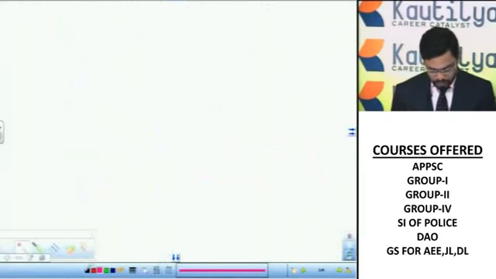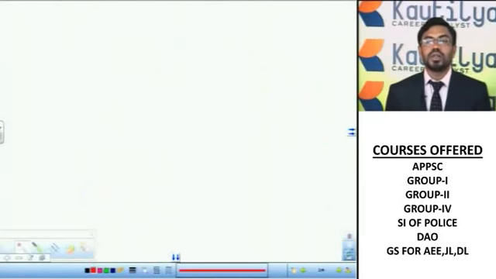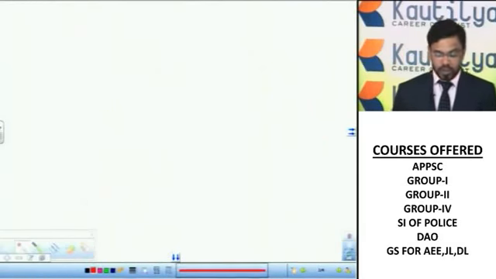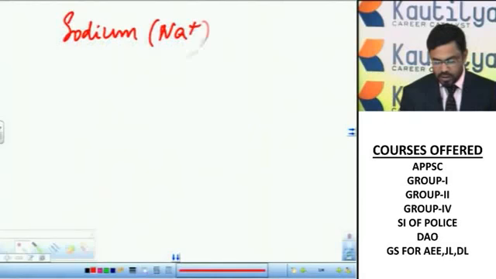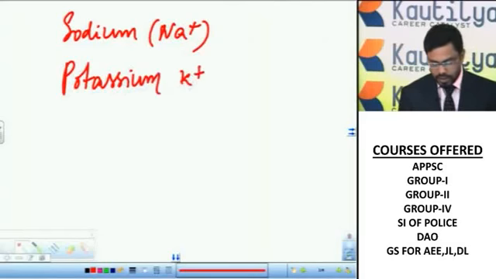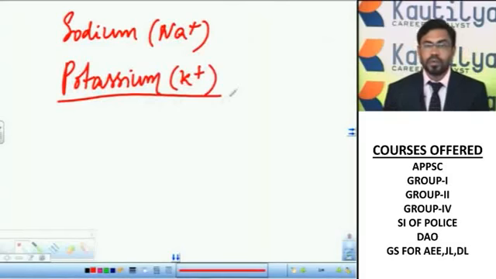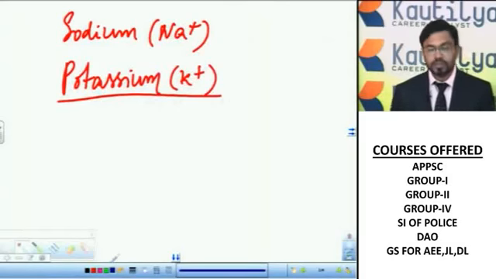For the transmission of the nerve impulse, or stimulus, sodium ions, that is Na plus ions, and potassium ions, K plus ions, play an important role. The sodium potassium pump is a complex of proteins which is responsible for the transmission of the nerve impulse.